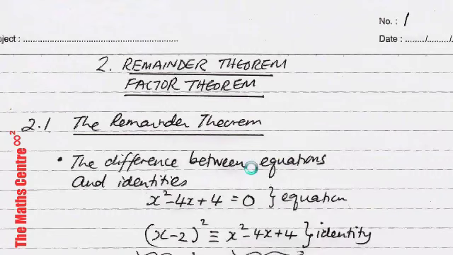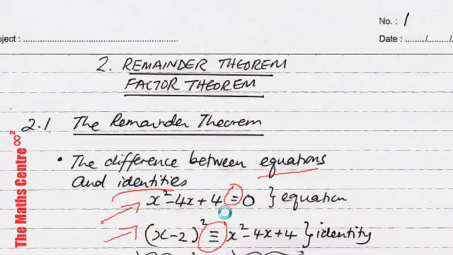First, we want to talk about the difference between equations and identities. This is an example of an equation: x squared minus 4x plus 4 equal to 0. Look at the symbol, right? And observe what an identity looks like. Observe this symbol.